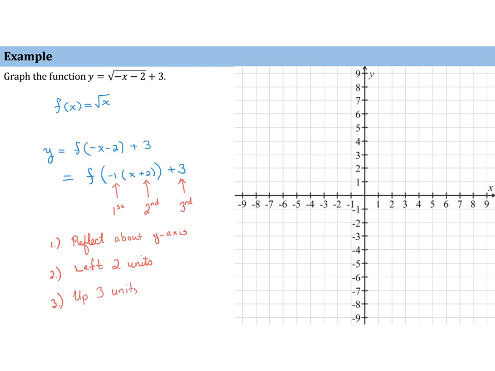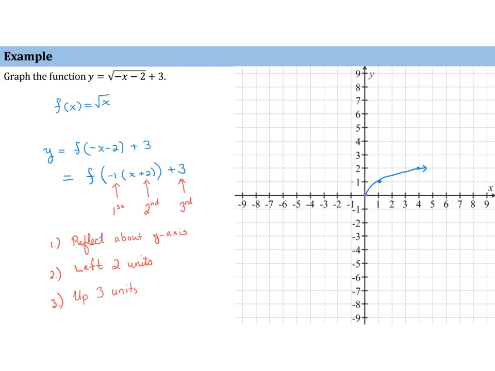So let's start off by graphing our parent function using the guide points, the key points that we've memorized. And now we're going to reflect it about the y-axis, and then move it left 2, and then up 3.